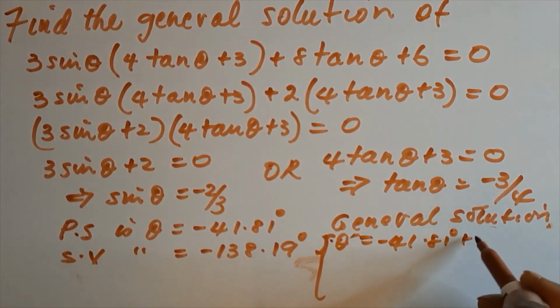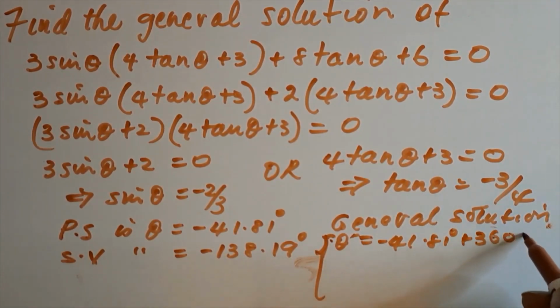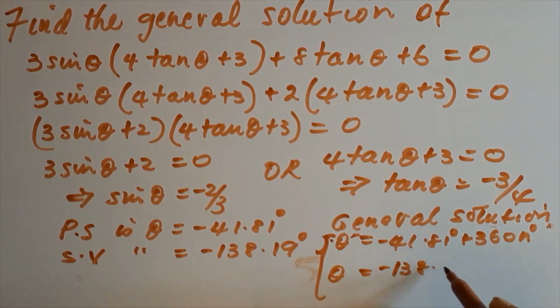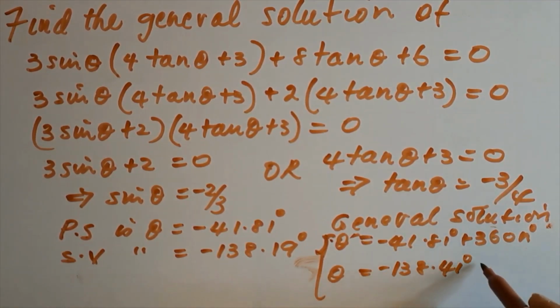Minus 41.81 degrees add 360 degrees, and theta equal to minus 138.19 degrees add 360 degrees. And that's it for sine theta.